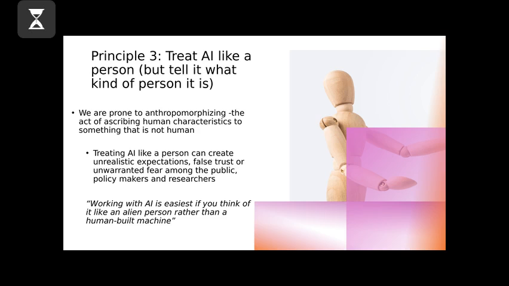So we need to keep that in mind. There are a lot of ethical considerations and limitations of anthropomorphizing AI. However, as Mollick argues, working with AI is easiest if you think of it like an alien person rather than a human built machine.